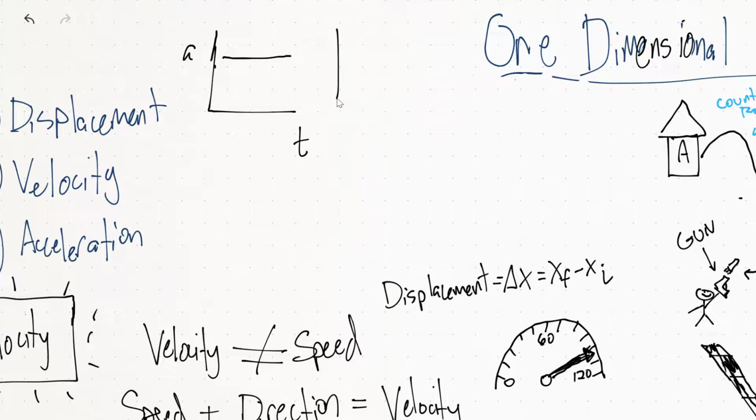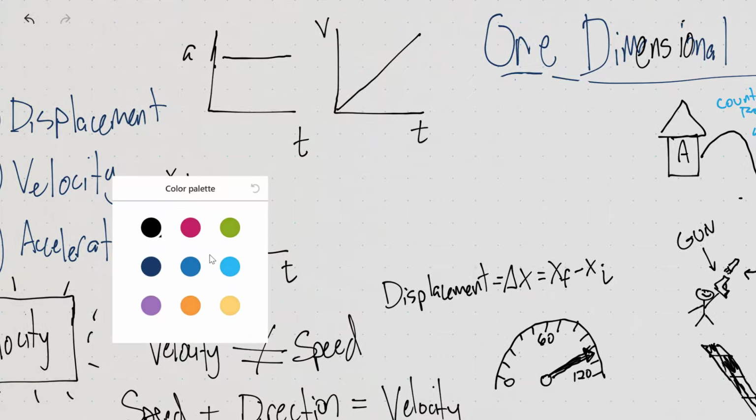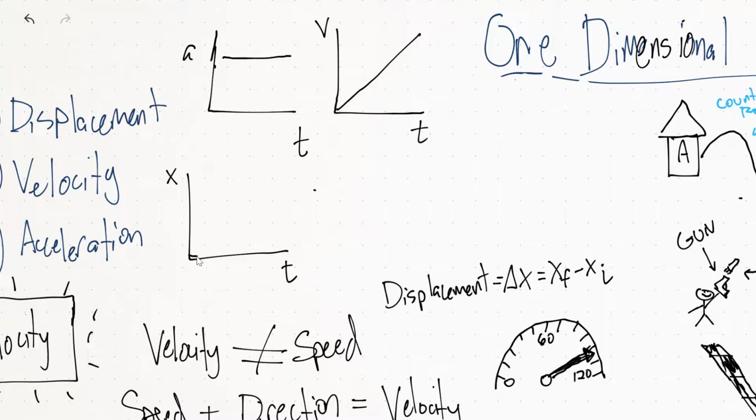Because he's accelerating, that means his velocity is increasing during the chase. This is represented on the velocity graph where we see a constant increase in velocity. Because his velocity increases throughout the chase, the displacement from his original position will increase at an exponential rate.